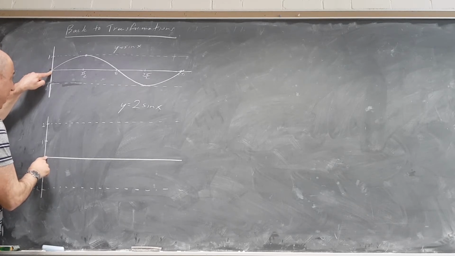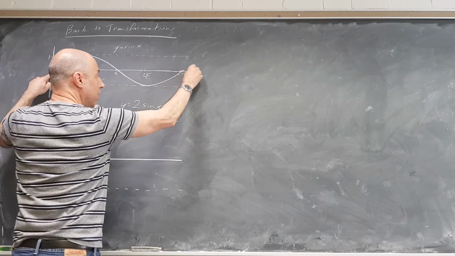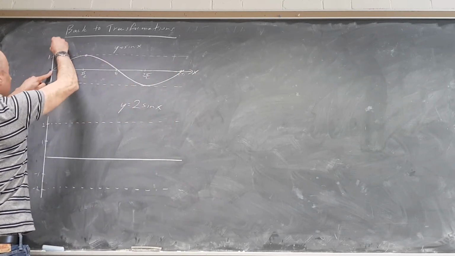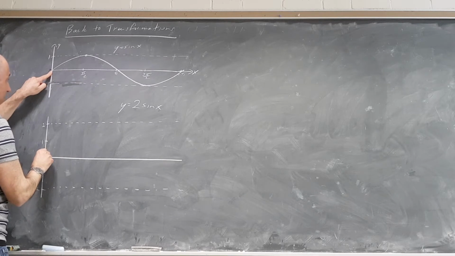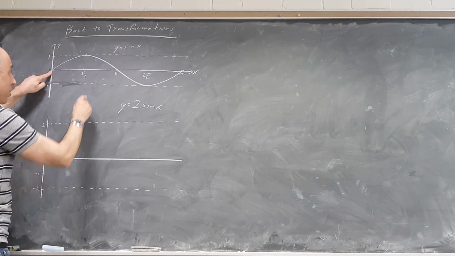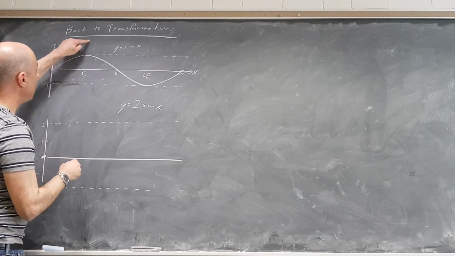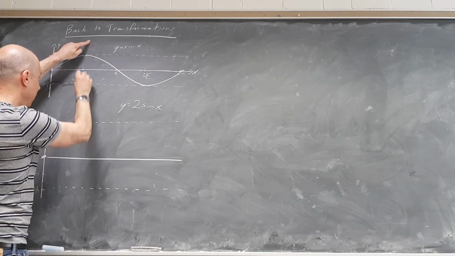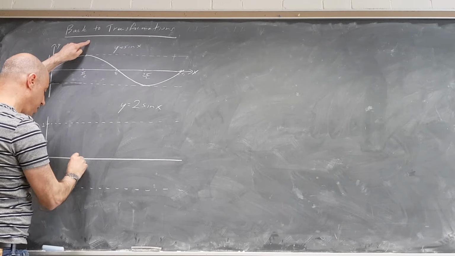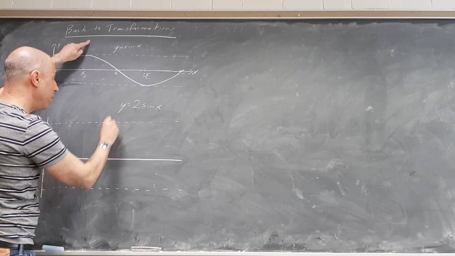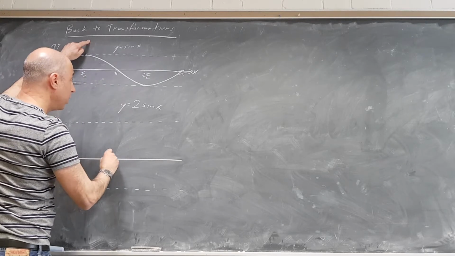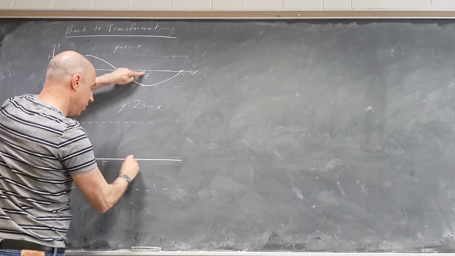It's right on the x-axis. If we move it twice as far away from the x-axis, it's still on the x-axis. It doesn't go anywhere. This point that was at height 1 now moves up to height 2. So at pi over 2, I'm going to keep these x values lined up. Pi, 3 pi over 2.